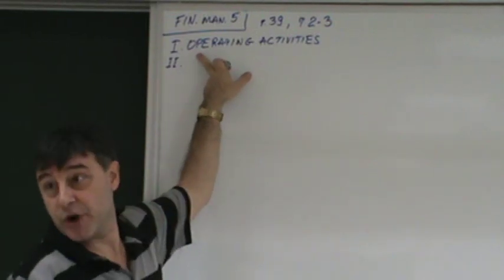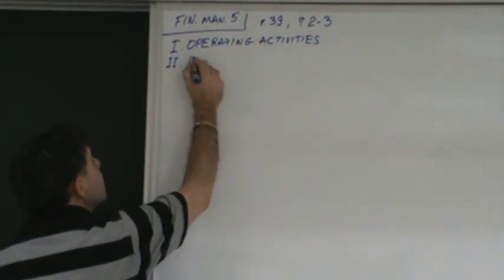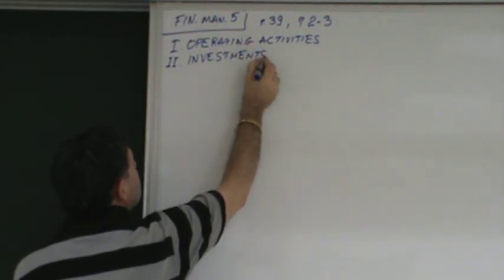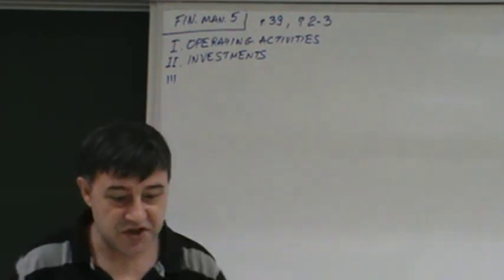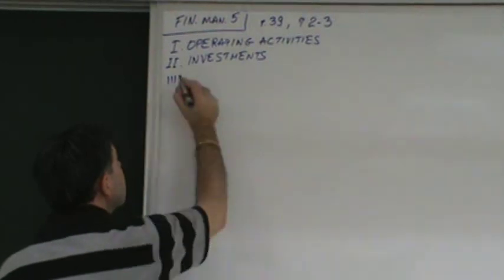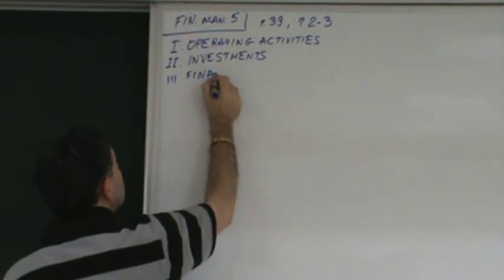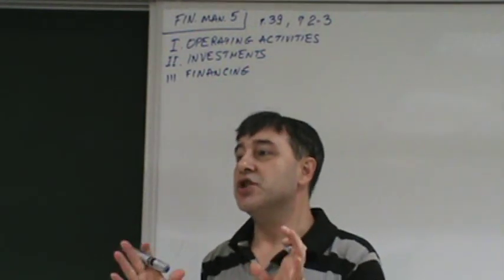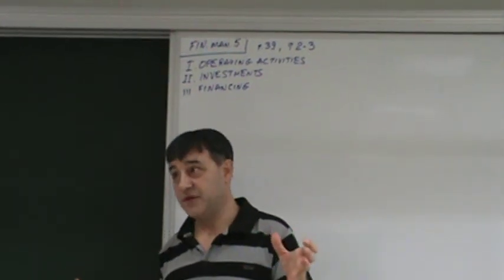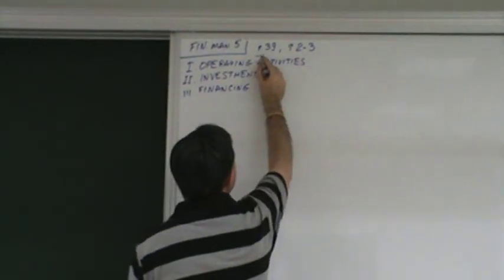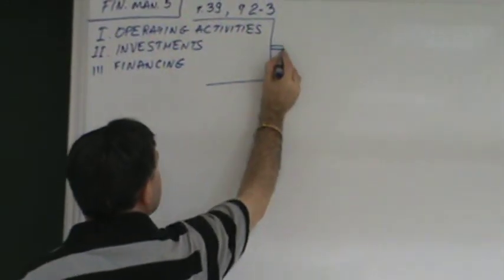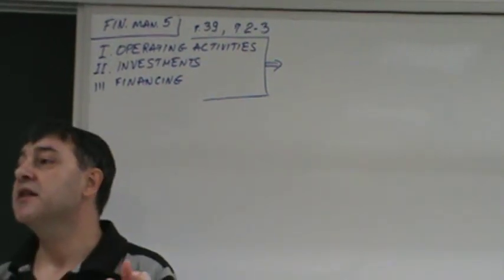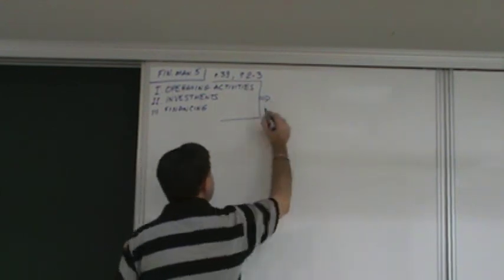So the first one is operations. The second one is investments. The third section is financing. These 3 constitute the general functioning of the firm, and these 3 jointly, when you put them all together, will give you net cash flow.